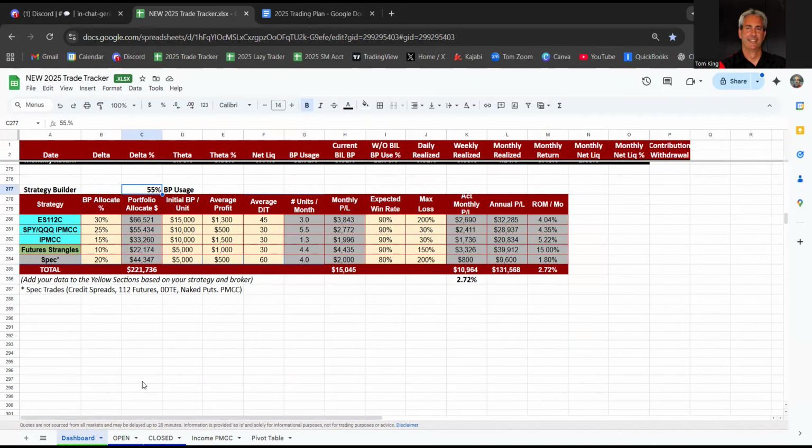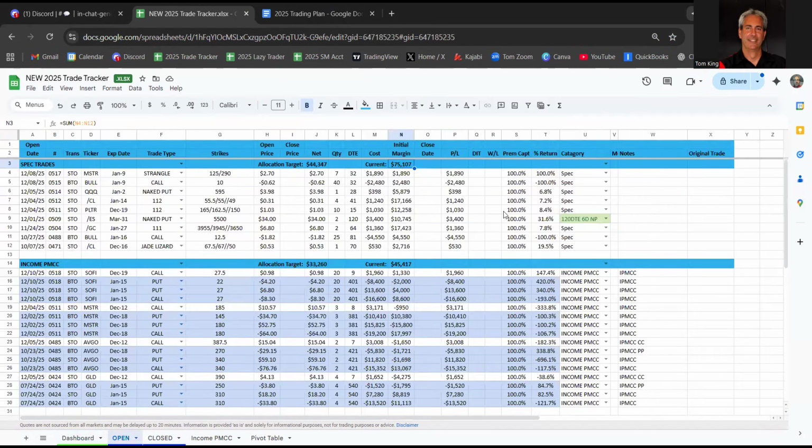It's 15.54. It's dead. It's a useless number. So I don't really even care about the VIX at this point. But I still have buying power available to spend. Even though I'm over-allocated a little bit in spec trades, I still have more BP to use. All right. Let's keep going.